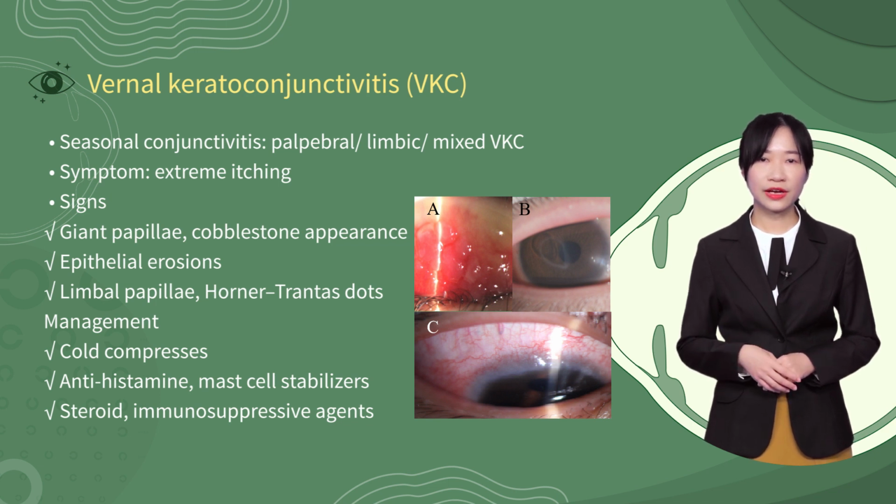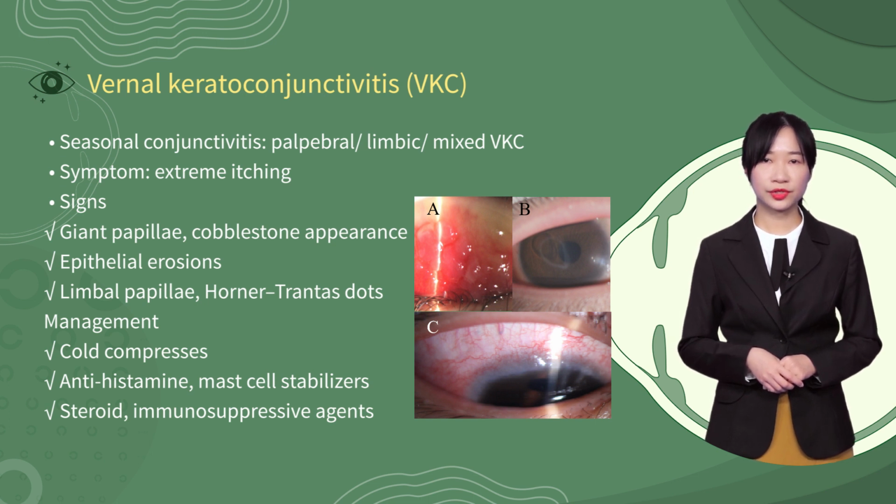It can be classified into palpebral VKC, limbal VKC, and mixed VKC. Palpebral VKC primarily involves the upper tarsal conjunctiva. It is characterized by conjunctival hyperemia and diffuse palpebral hypertrophy, giving a cobblestone appearance in severe cases.